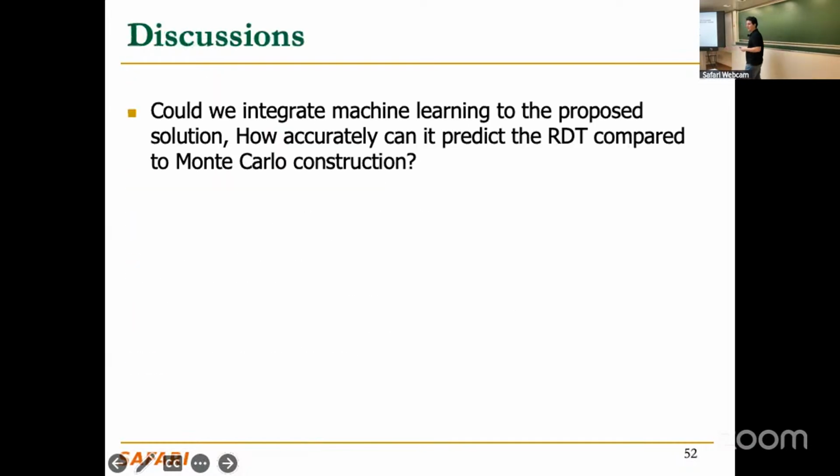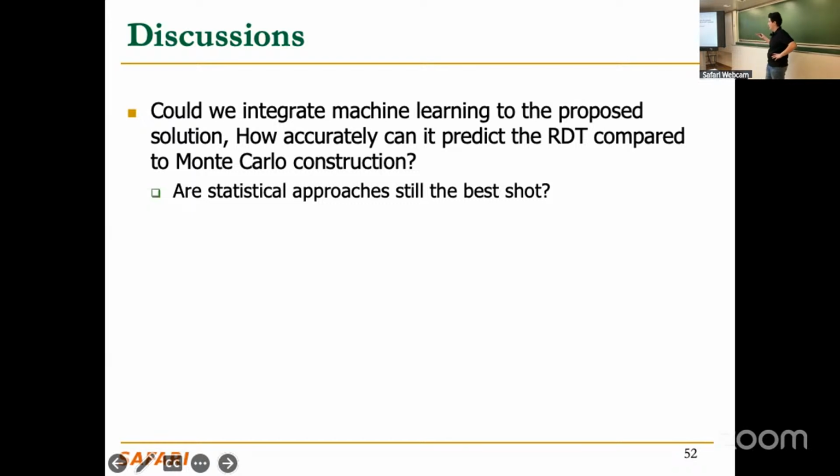So maybe this is something cliche, but I would like to ask the audience if we could integrate machine learning into the proposed solution. Can it accurately predict the threshold value compared to the statistical approach of the Monte Carlo construction? And before asking this again, I would like to ask another follow-up question.